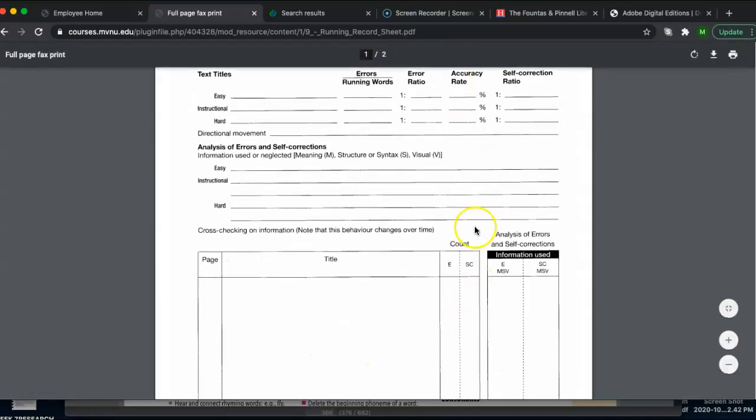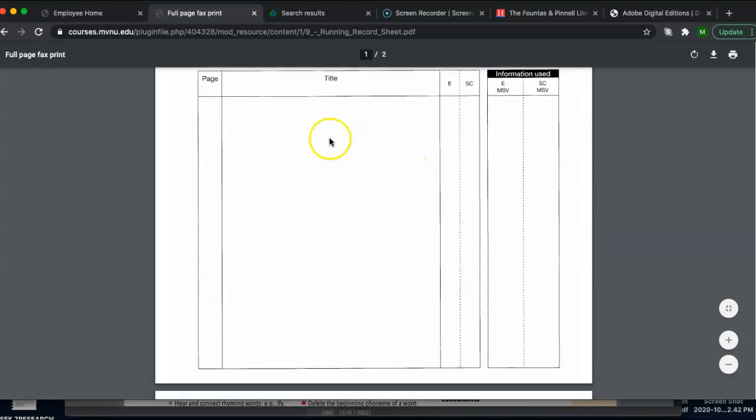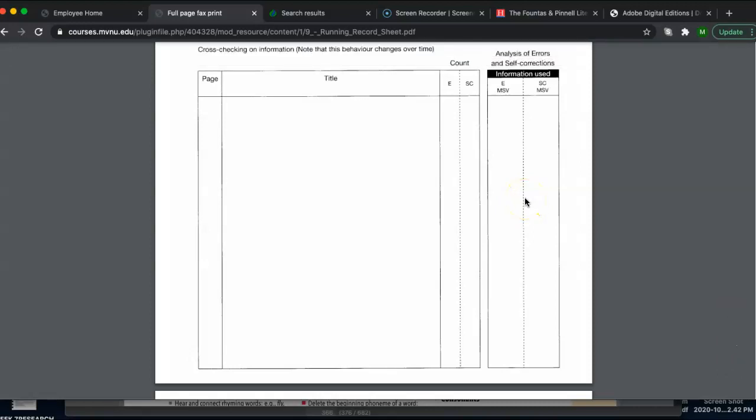This is the form that we're going to be using. Notice again, it is blank. The words are not pre-printed on here. When you are in a classroom, you don't have time to print the text out for every passage that you're taking a running record on. And just remember, it is a learning process.